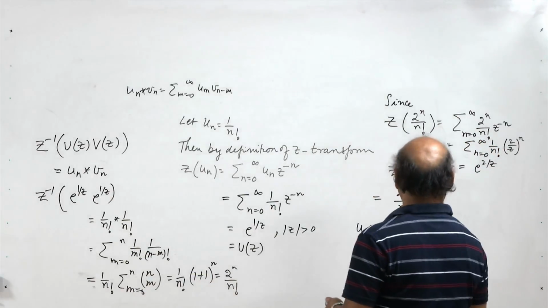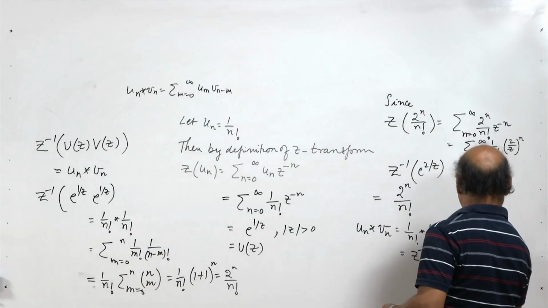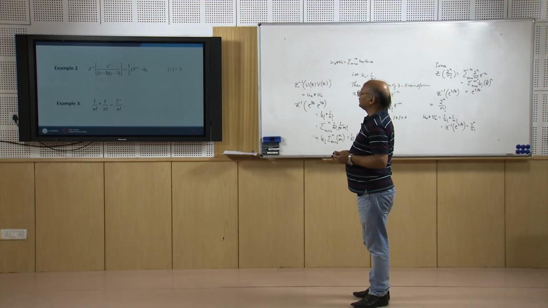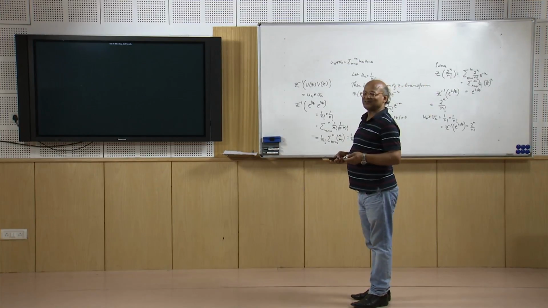So, this is 2 to the power n by n factorial we get. So, this is what we have, and with that I would like to conclude my lecture.